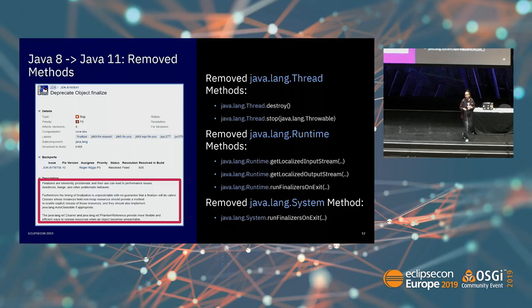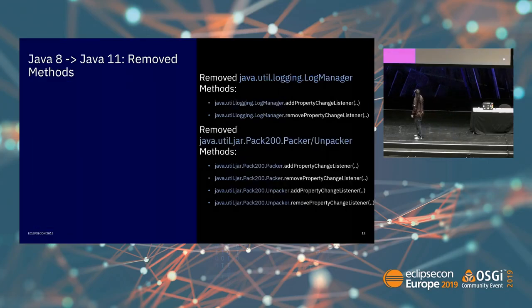So use a variable if you're trying to control a thread instead of calling stop or finalize, and so on and so forth. There's also the change listeners got removed from LogManager. You can use the global LogManager object and use the readConfiguration method instead. And for Unpacker and Packer methods, the change listener got removed. You can poll the progress objects instead.